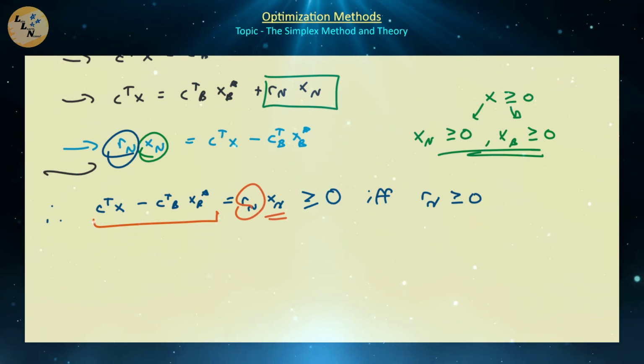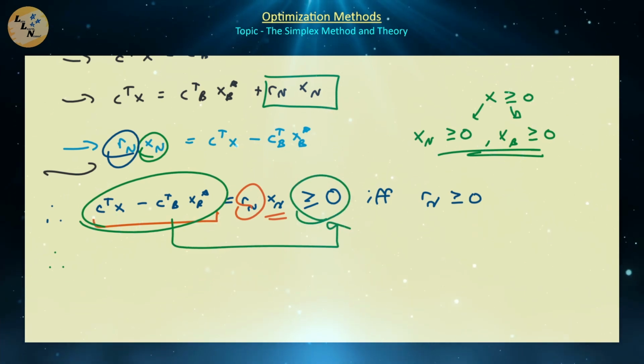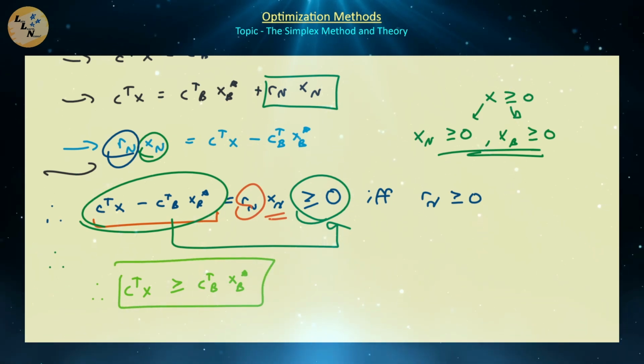So what is so special about that? If we write that in alternative form, with that thing greater than or equal to 0 and shift to the right-hand side, then that gives us that c transpose x is greater than or equal to cB transpose times xB star. So that is true if and only if rN is greater than or equal to 0.